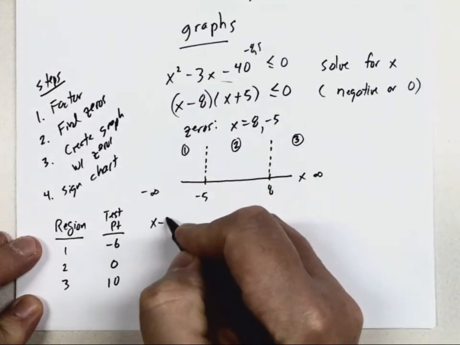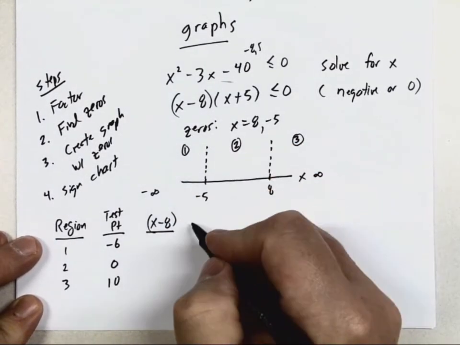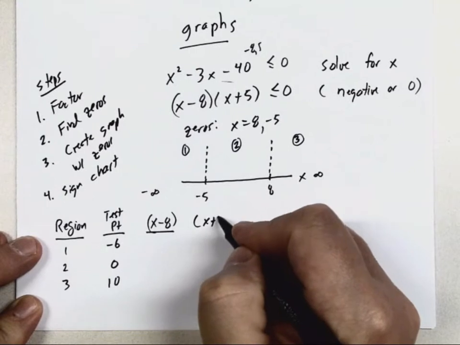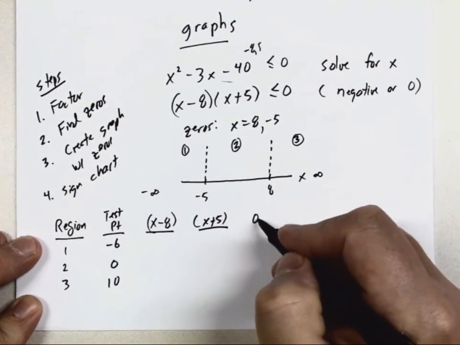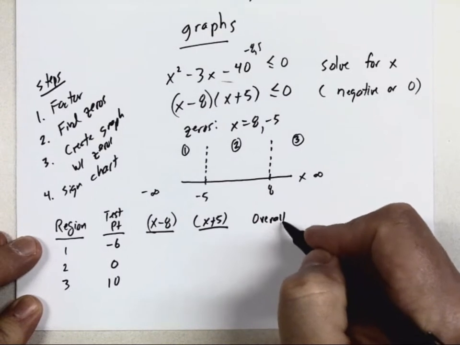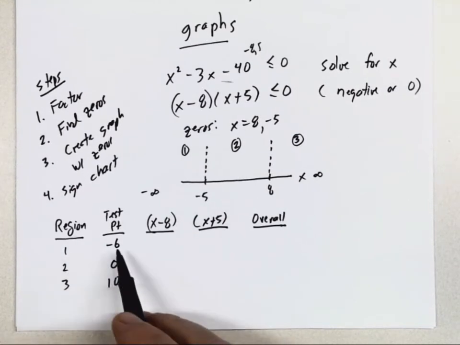So I write down my first factor, and then I write down the second factor, and then the last column, you'll see in a minute why I call it overall. So here's how a sign chart works. Region 1, I'm going to use -6 as my test point. What I'm actually doing is I'm going to set X equal to -6.